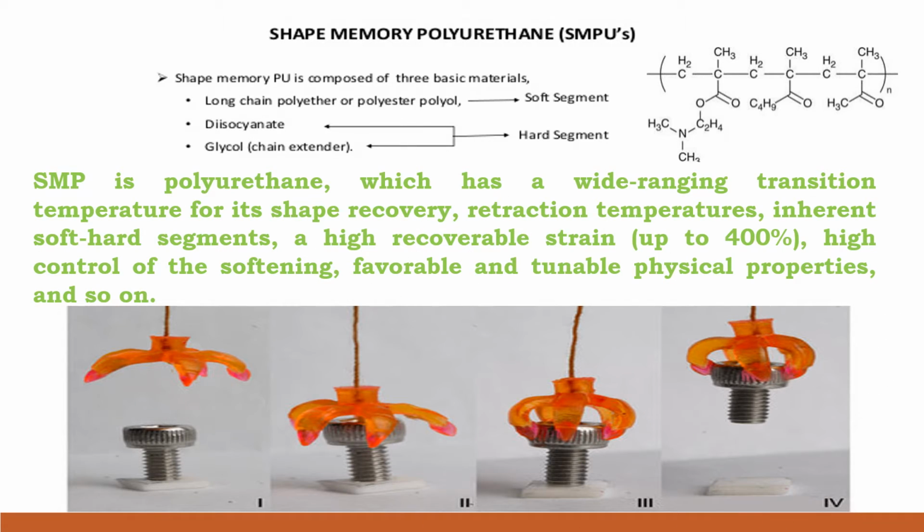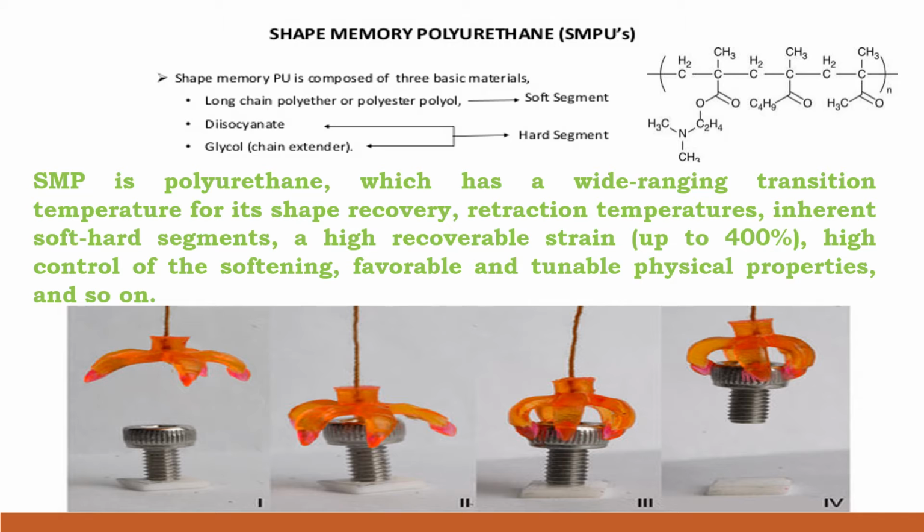Some polyurethanes are examples of shape memory polymers. The polyurethane consists of three segments. The first segment is a long chain polyether or a polyester or a polyol, which acts as a soft segment, while diisocyanate and glycol act as hard segments, and the role of glycol is the chain extender.